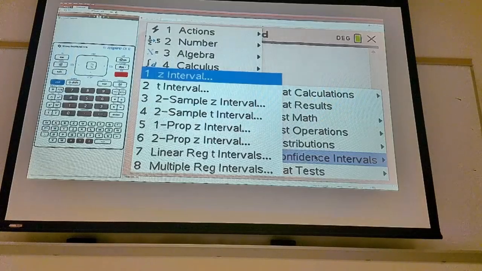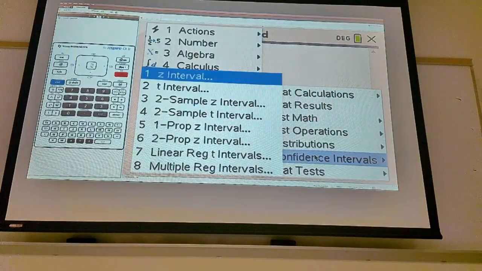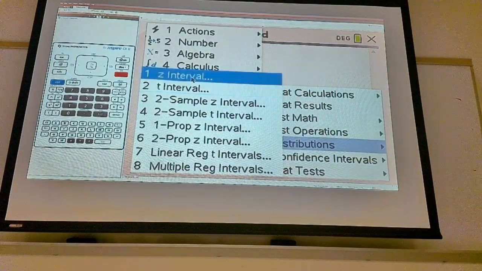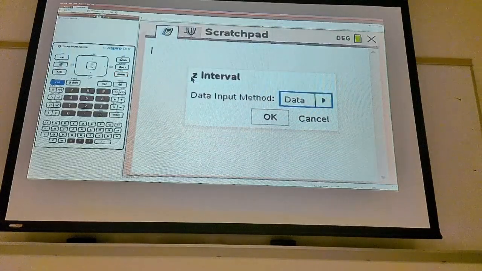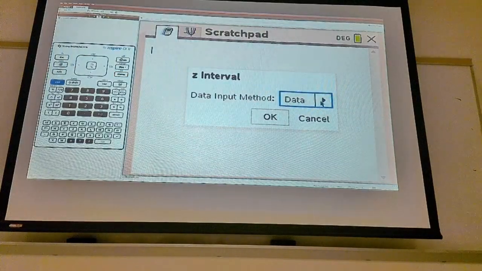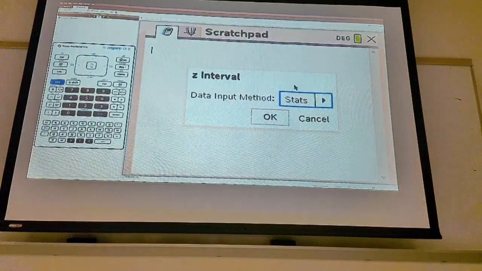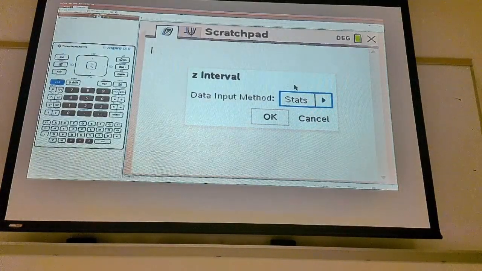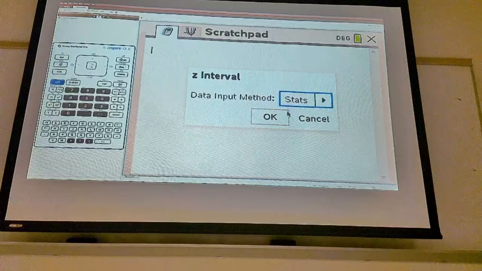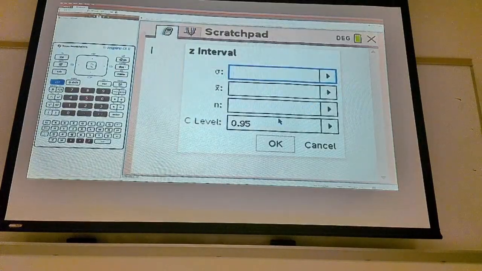We are looking at the Z interval. So just click Z interval. I believe most calculators only give you the option to use the statistics, not actually enter data. So it doesn't matter because that's what we have anyway. We just have to enter what we have.